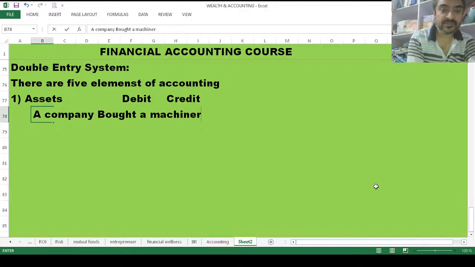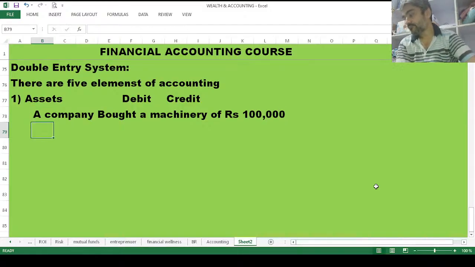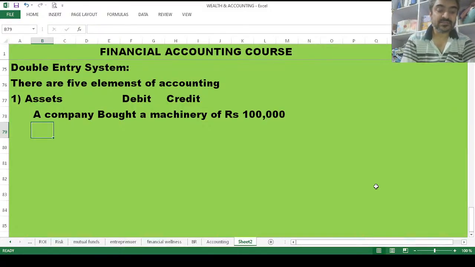Machinery is an asset of rupees, let's say 100,000. Now this is the transaction. A company has purchased a machinery of rupees 100,000, and machinery is an asset, and we need to record it in our books.